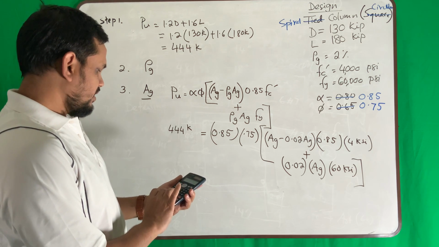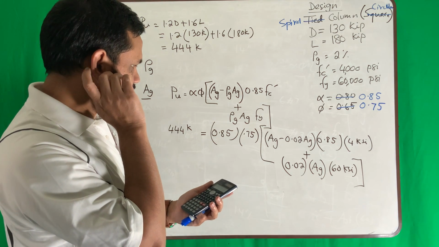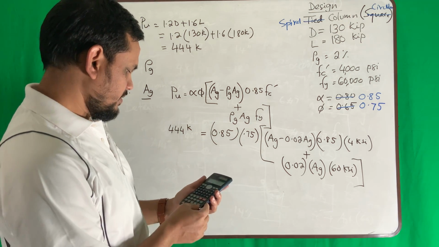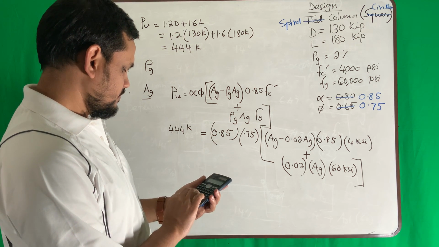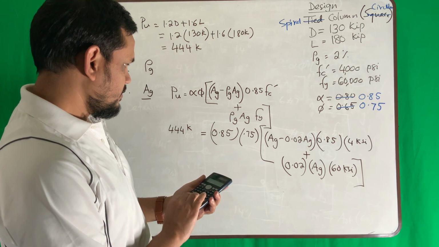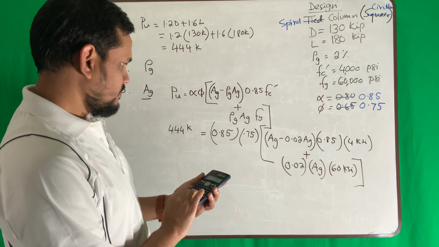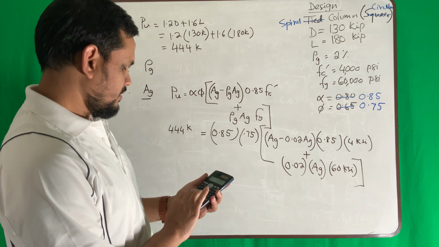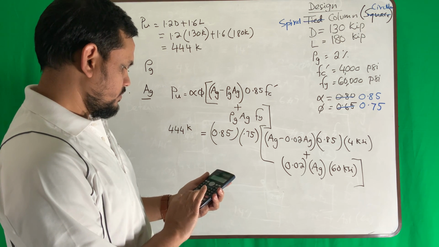Okay, I'm doing very quickly. If I make any calculation mistake, okay, then divided by 0.85 times 4 is 0.02, 60.